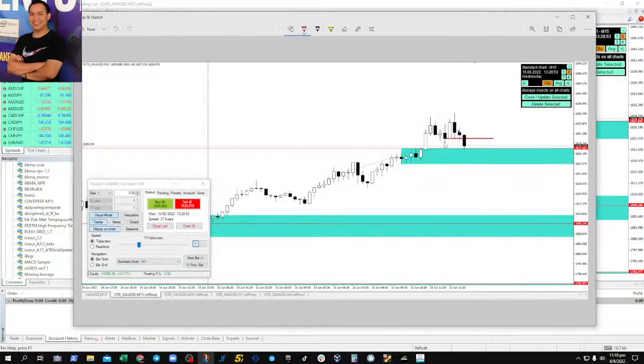How do we enter this trade again? Enter on the 50% of this candle. Which is actually not a very good one. I would say it's a low quality trade. That's the best way to describe it.